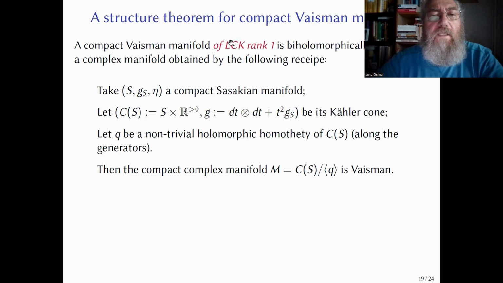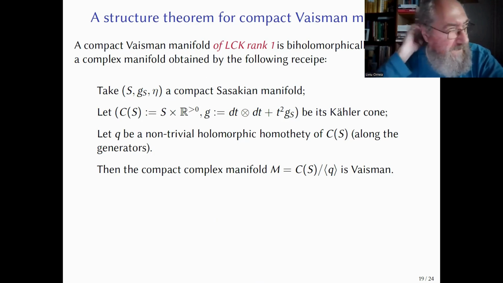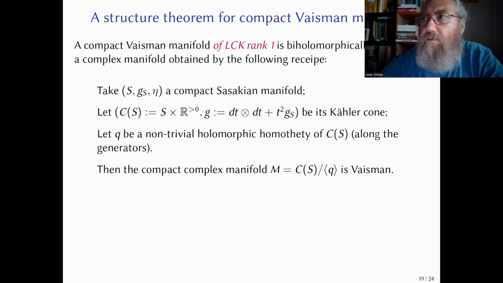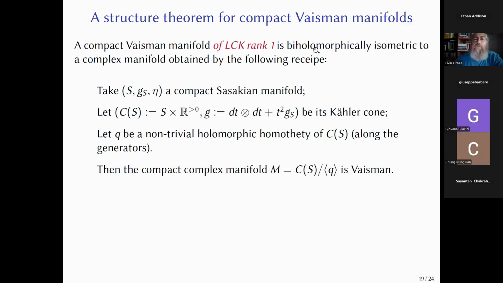You remember the LCK rank is the rank of the image of the homothety character, and when the LCK rank is 1, it means that grosso modo you can say that the deck group is Z, the integers. So for this kind of Weismann manifolds, which are quotients of a Kähler manifold by Z, they can be obtained by this recipe.